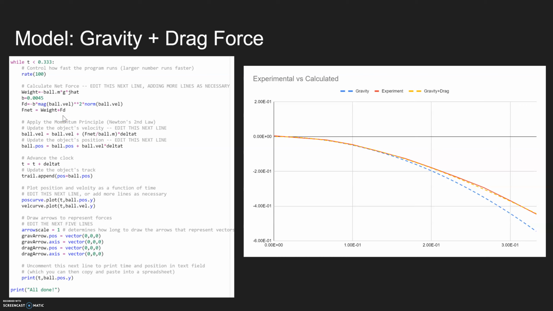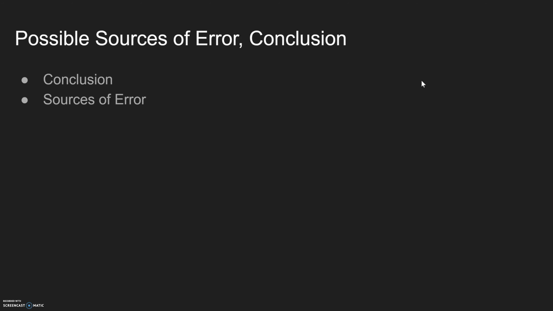The new predicted positions after including the effect of drag are now represented in this chart, where the yellow dotted line is the modified code, the red line is the experimental data, and the blue line is only the gravitational force acting on the object. We can say that in this chart, the new model had a more accurate prediction than the model without the drag. To conclude, the aerodynamic drag force was critical in predicting the object's motion compared to using a net force without the force of drag.